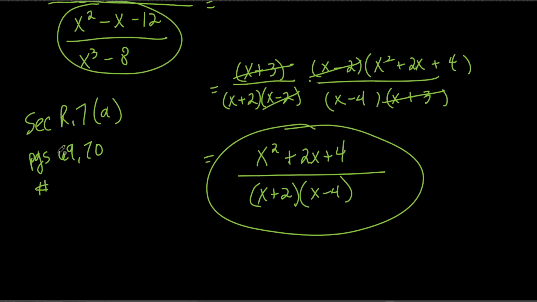Anybody got a book real quick? Let me see your book. I originally had 5 to 33. That might be a little too much to do. Let's see if I can revise it so you don't have to do quite so much.